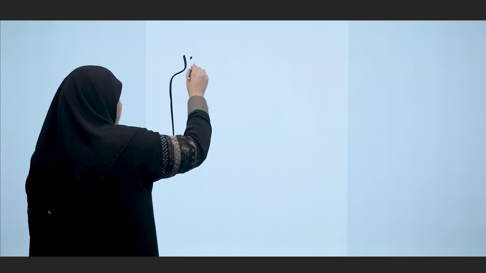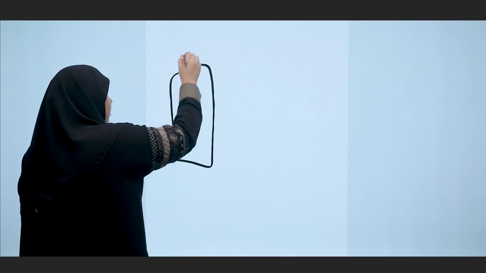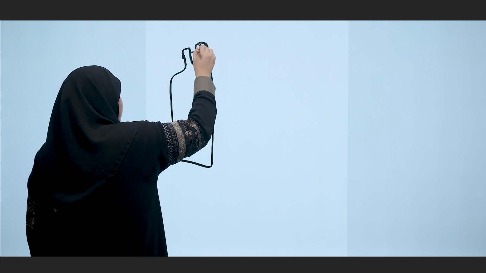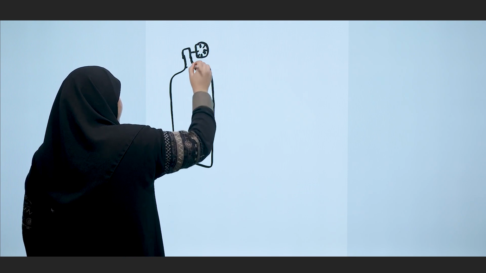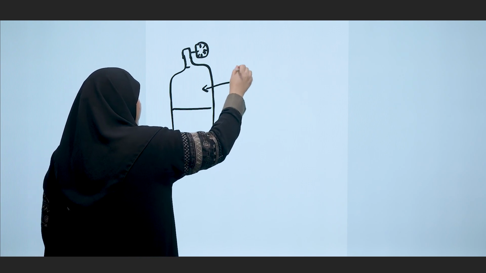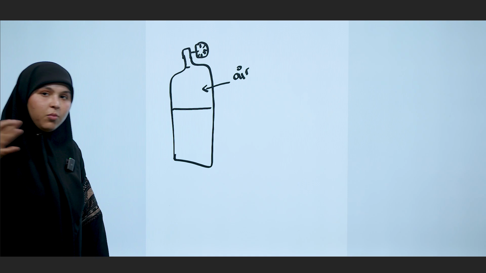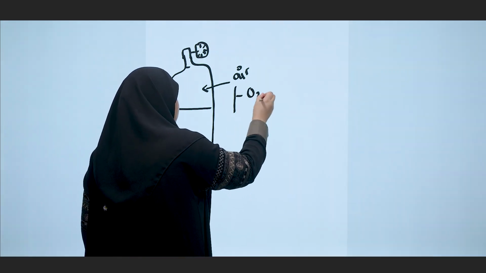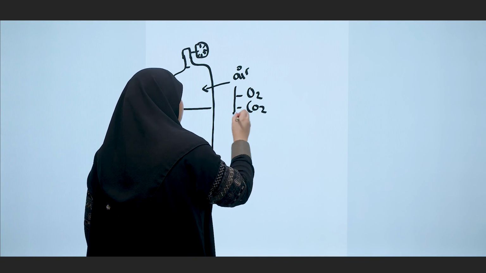For example, imagine that this is a pump or some sort of tank, and we're having a pressure measurement. Now, if this is, let's say, air, we know that air contains multiple gases, right? So we have oxygen, we have carbon dioxide, we have nitrogen.